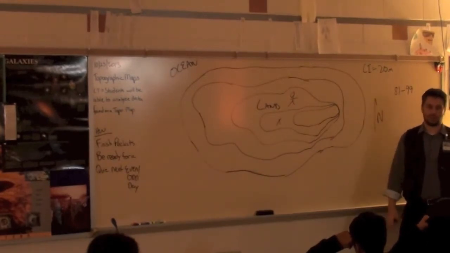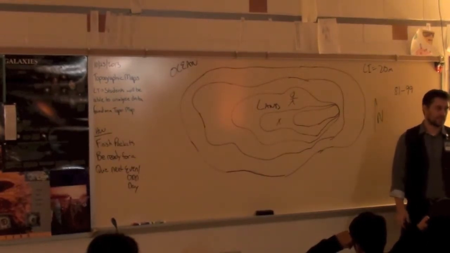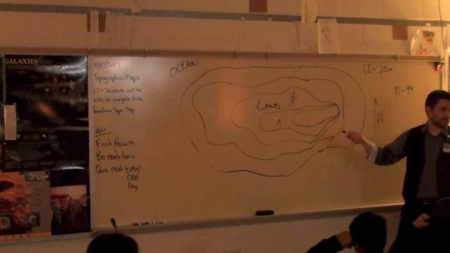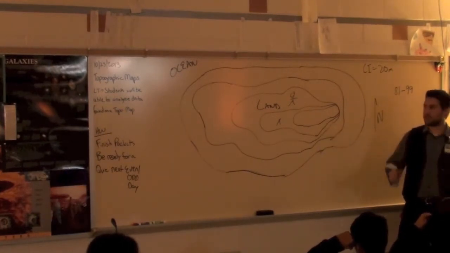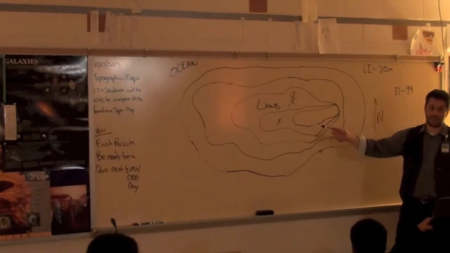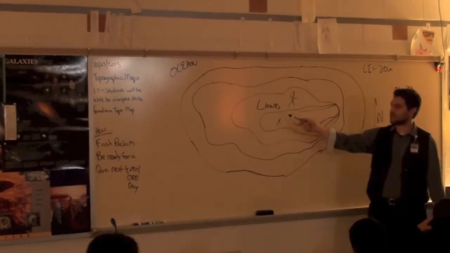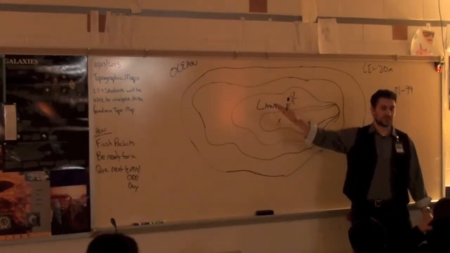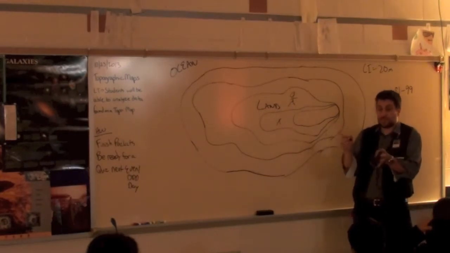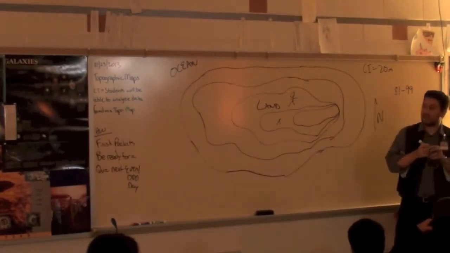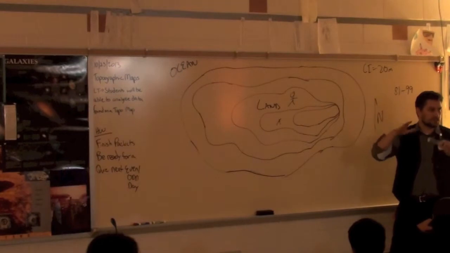If I want old TVs from the 80s, that'd be like 20, 50 contour intervals where it's much more spaced out. I don't know very much about what's going on on this island other than a very gradual, very sparse picture. So if I want a really detailed picture, I make that contour interval smaller, I draw a whole bunch more lines, and then you can see what's going on.